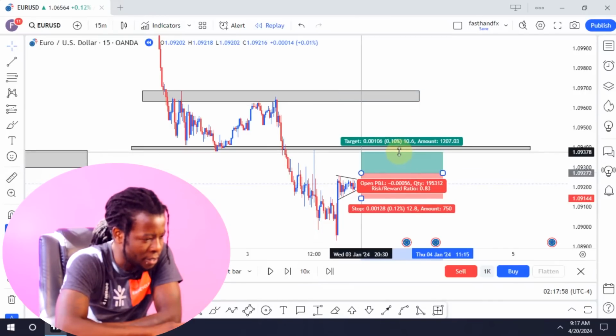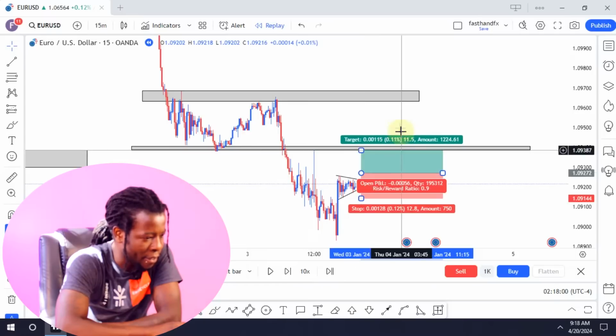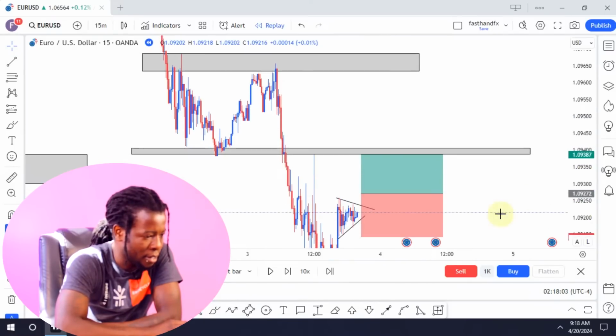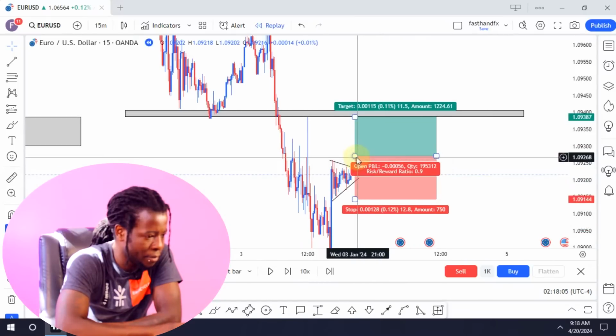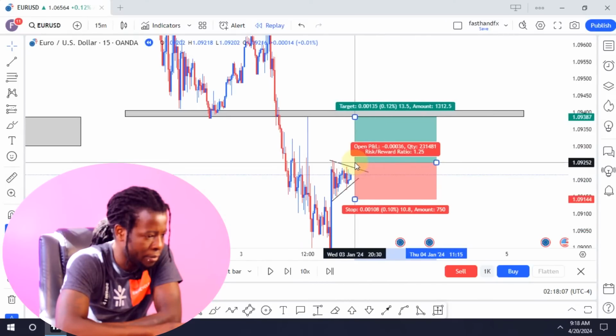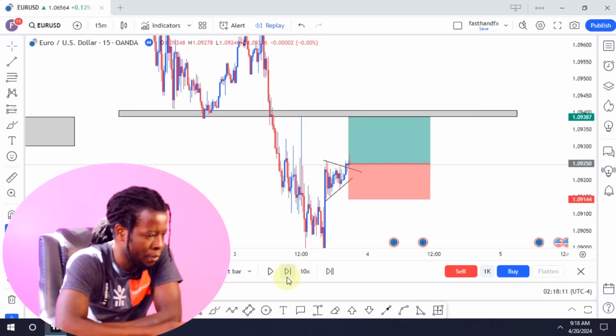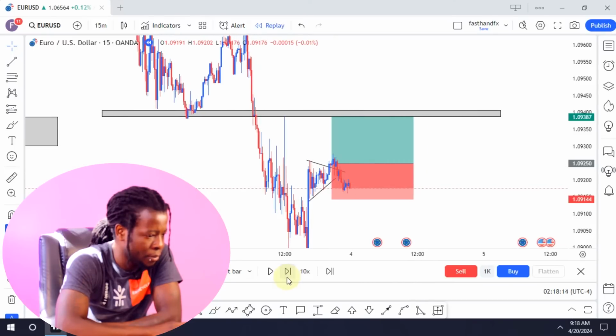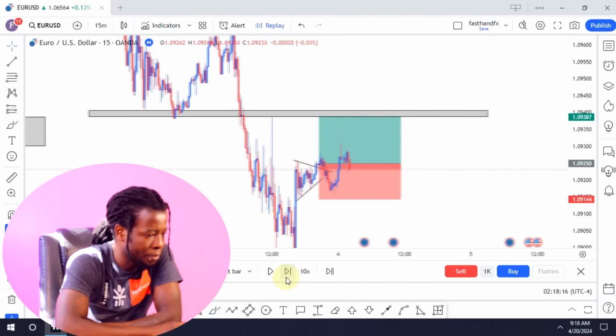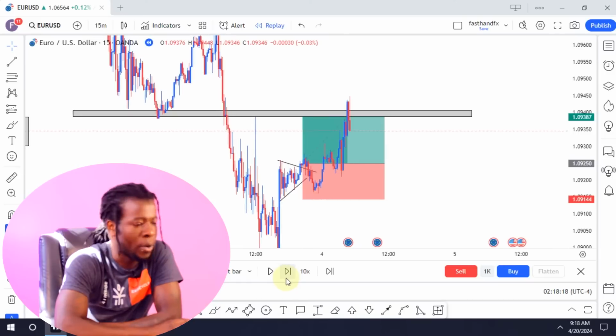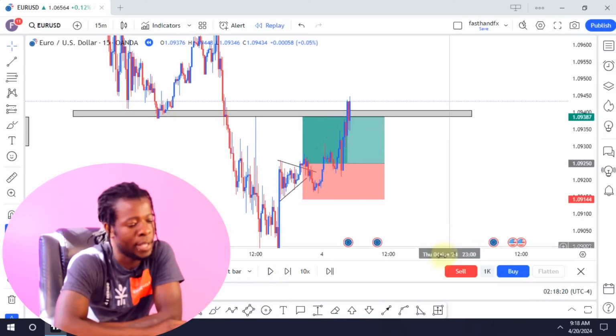But first thing, scalping, maybe right there. You understand? We have it right here. Let's see. Okay, TP1 was hit, scalping.